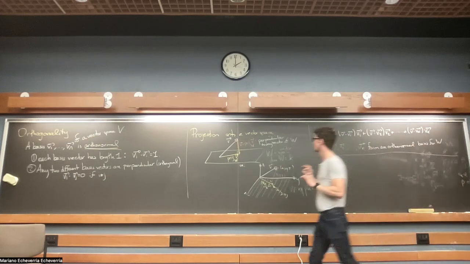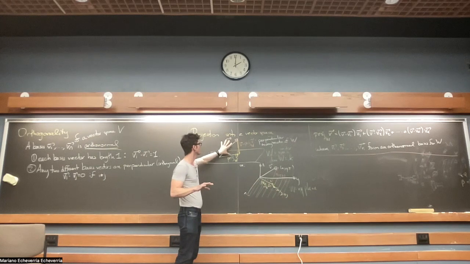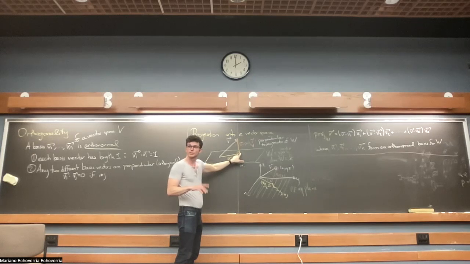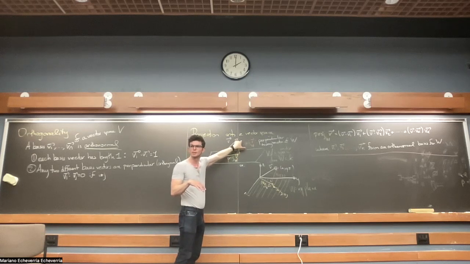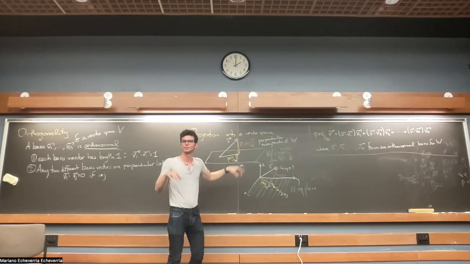Another perspective on this formula: if you thought that this represents some point, the point here where the two sides of the triangle meet is the closest point on the plane to this one. So there's a minimization problem going on where you're finding the point on the plane closest to this point. That's actually what's called a Lagrange multiplier problem, because there's a constraint, which is that this point has to belong to this vector space or plane.